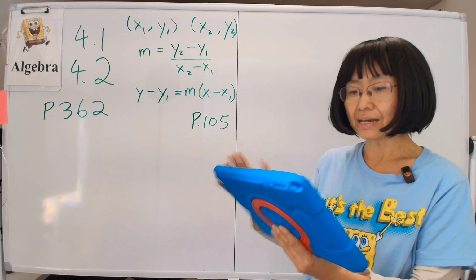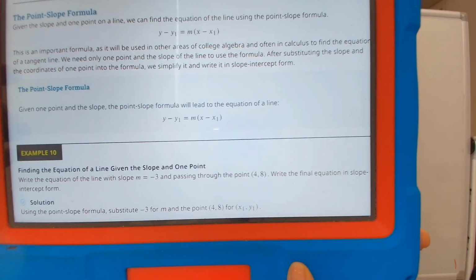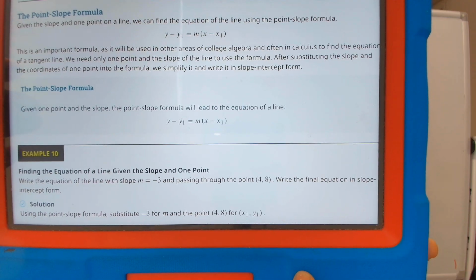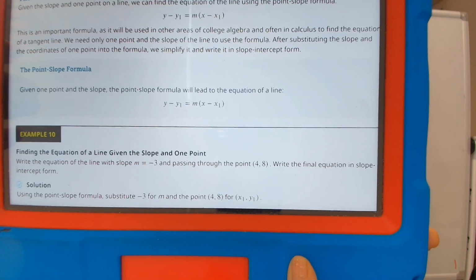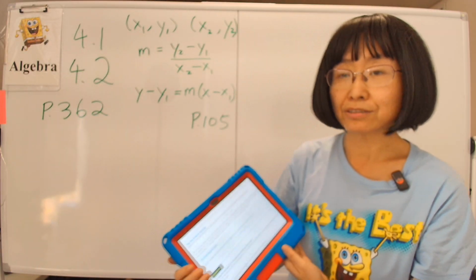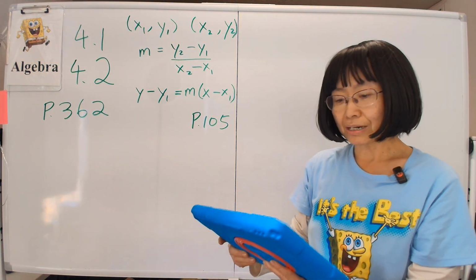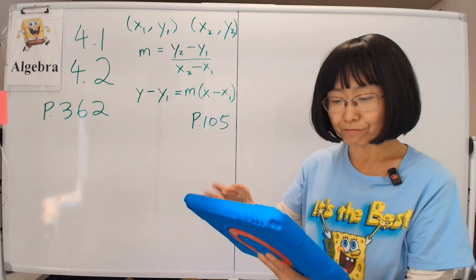Here is the point slope formula on the following page, which is what I wrote on the board. The point slope formula is y minus y1 equals slope times (x minus x1). And with that, you can calculate the equations of various lines that are given to you, such as example 10, where you find the equation of a line when you're given a slope and 1 point.